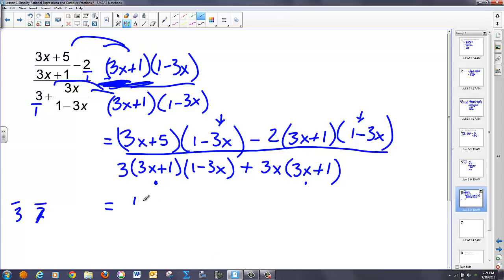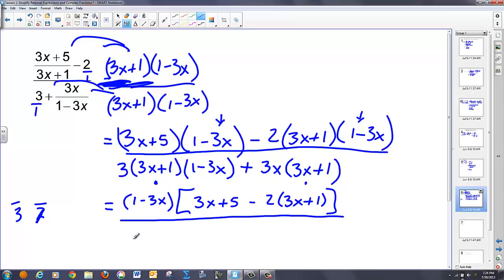I have a 1 minus 3x in common in the numerator, leaving me with 3x plus 5 minus 2 times 3x plus 1, which is a much easier multiplication to perform. In the denominator, I have a 3x plus 1 in common.